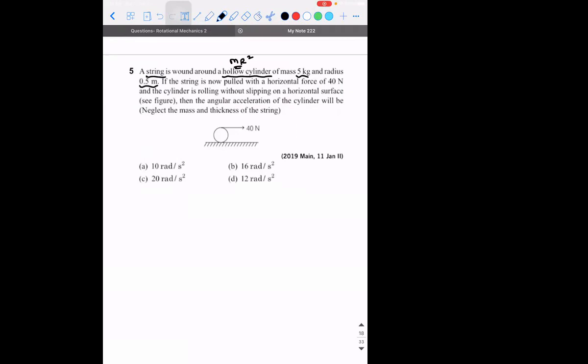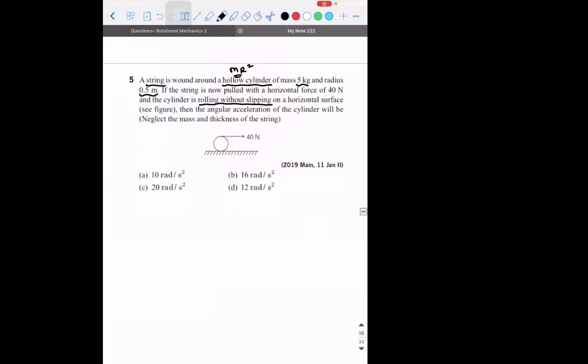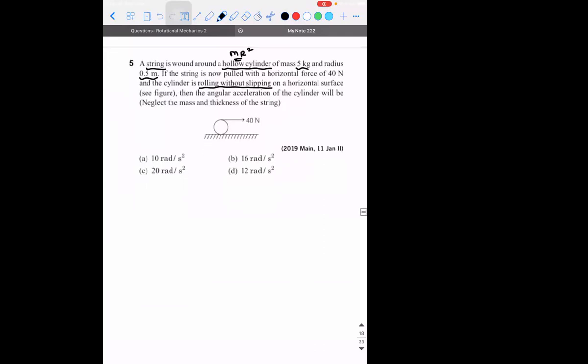If the string is pulled with a horizontal force of 40 Newton and the cylinder is rolling without slipping, so it is under a pure rolling condition on a horizontal surface, then the angular acceleration of the cylinder will be, neglect the mass and thickness of the string. Okay. Now let's think logically. You have a hollow cylinder and there is a force which is applied tangential to it, right?